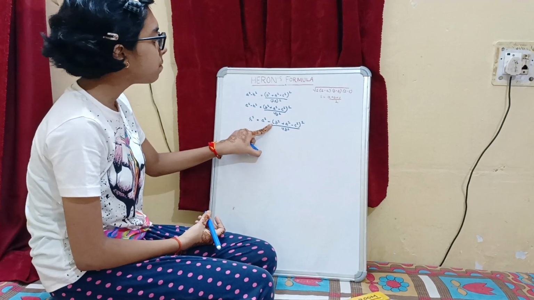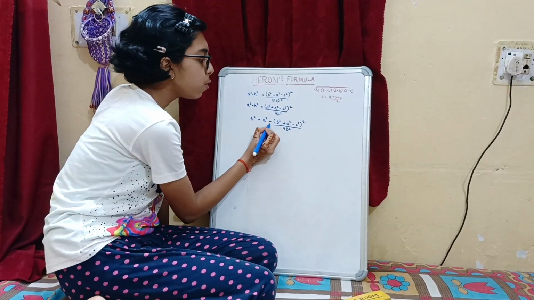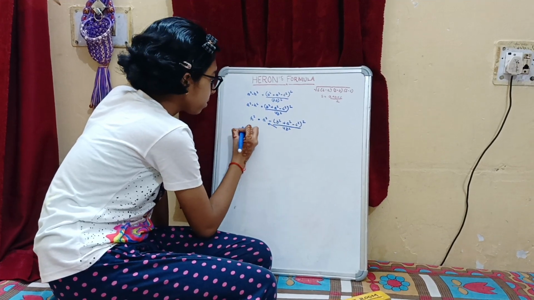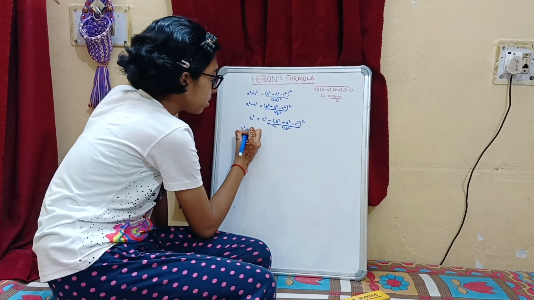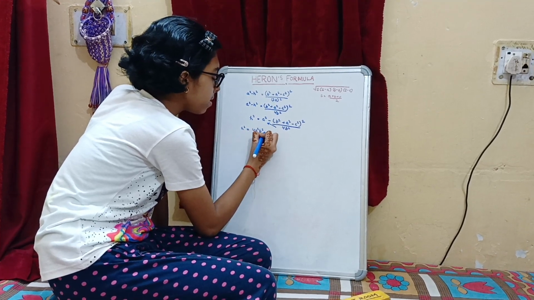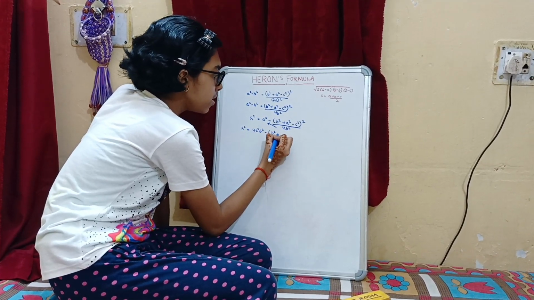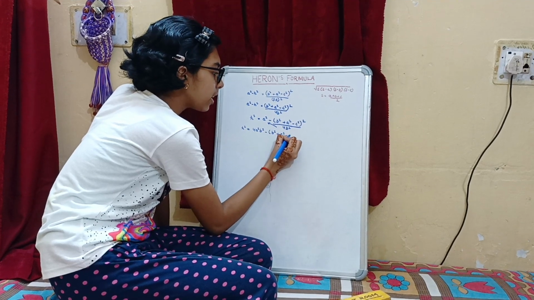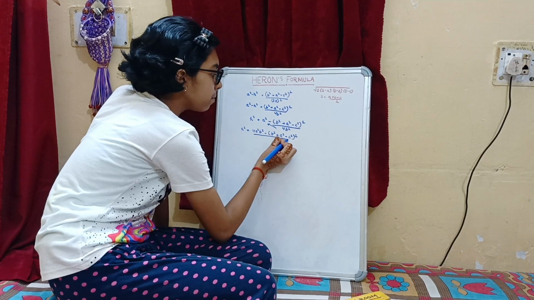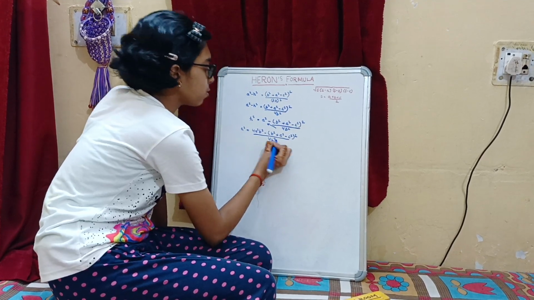Now here we will do cross multiplication of 4b square to a square. So h square is equal to 4a square b square minus b square plus a square minus c square whole square, and it will be whole divided by 4b square.